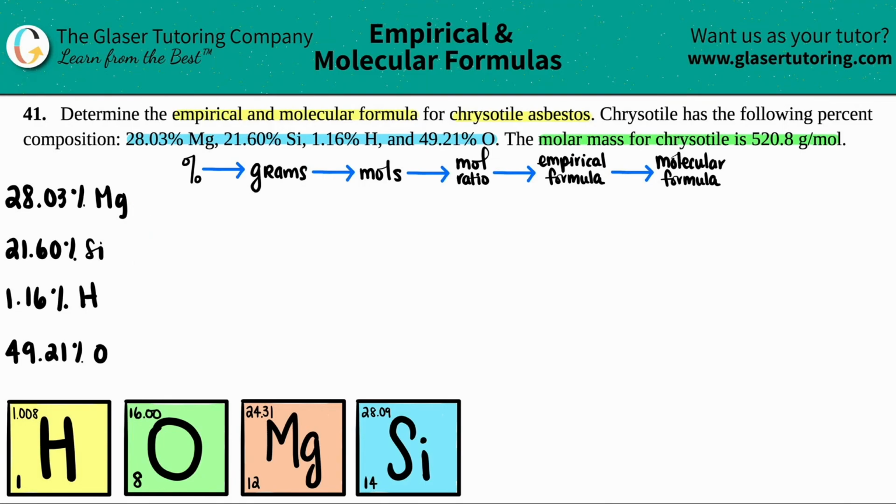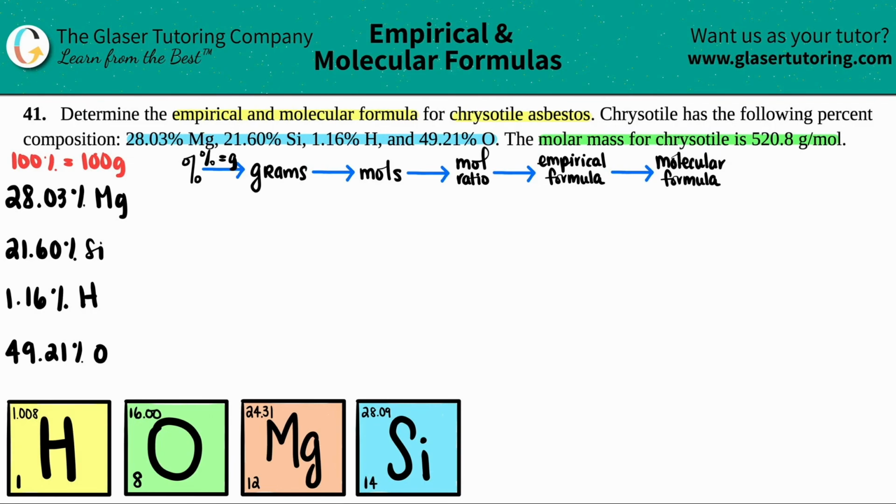So if the total percentage is 100, we can assume that the total gram sample that we have of this asbestos is 100 grams. So if the total percent equals 100 and the total grams equals 100, the percent they gave us is equal to the gram value.